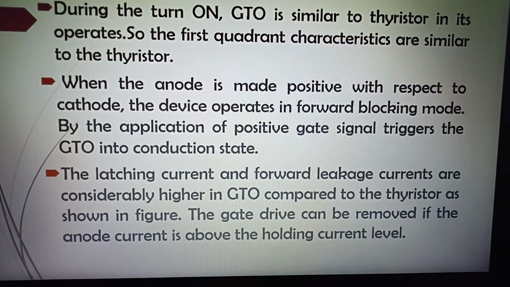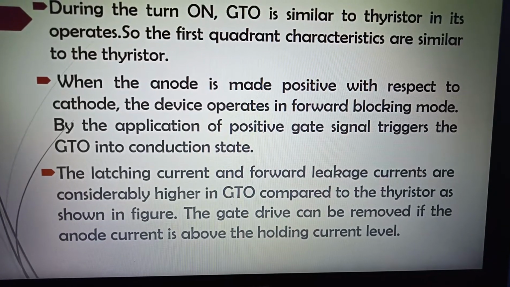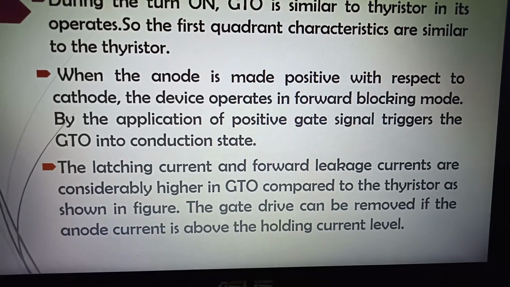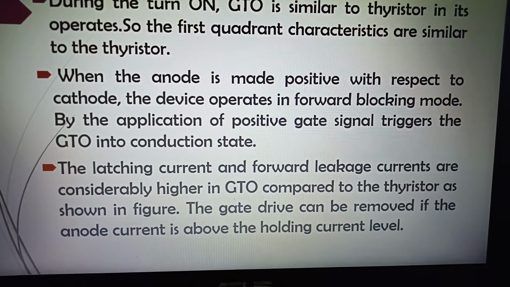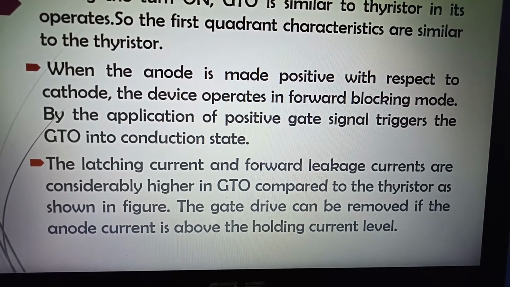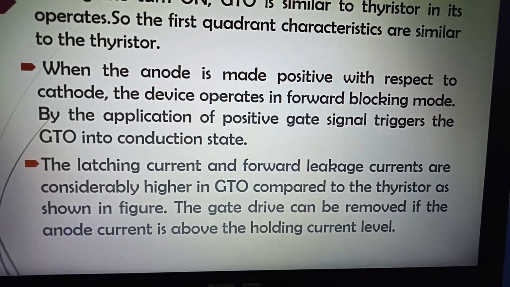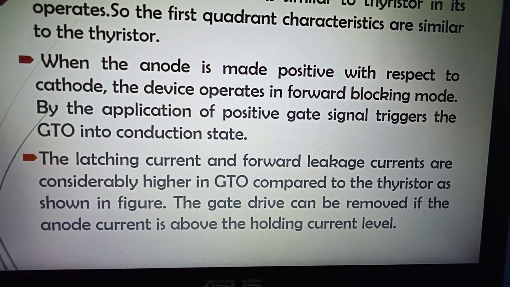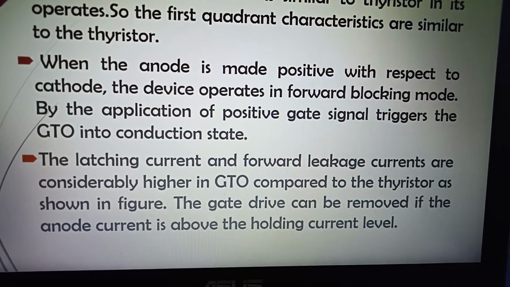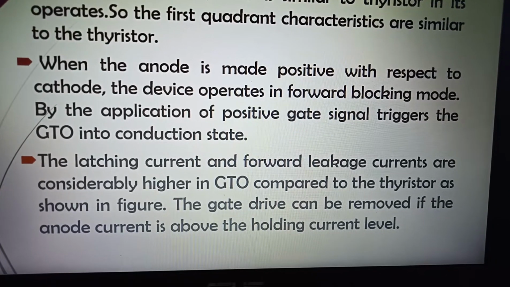When the anode is made positive with respect to the cathode, the device operates in forward blocking mode. By application of a positive gate signal, the GTO is triggered into conduction state. The latching current and forward leakage current are considerably higher in a GTO compared to the thyristor, as shown in the figure. The gate drive can be removed if the anode current is above the holding current level.